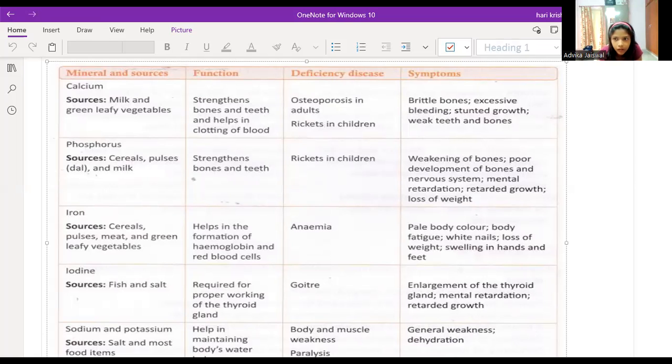Advika? Yeah. Sources: fish and salt, required for proper working of the thyroid gland.